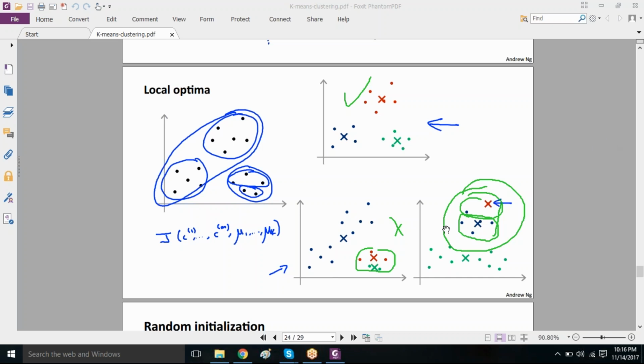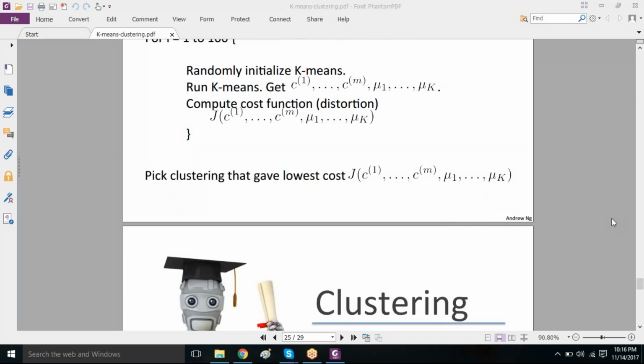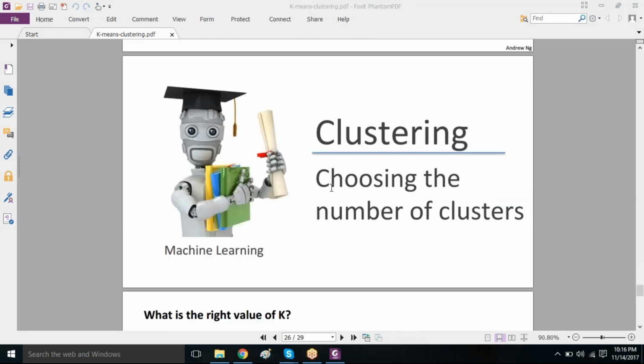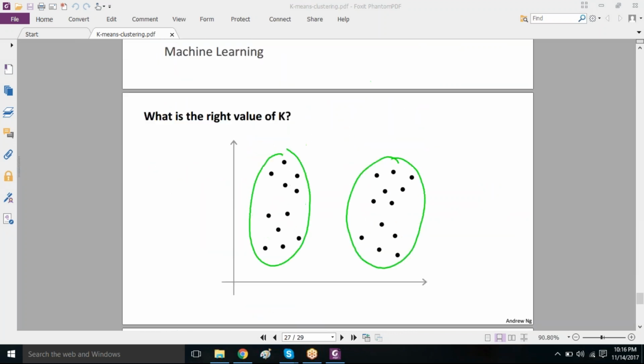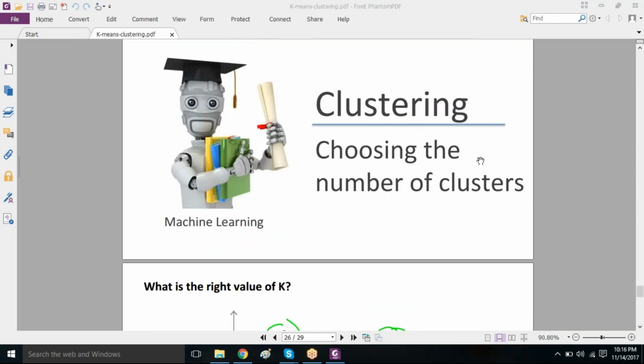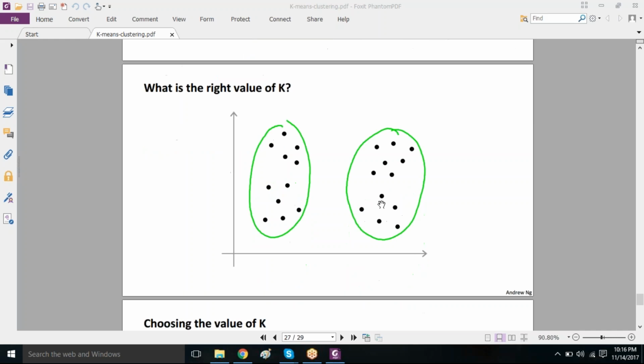And what I was telling you is choosing the number of clusters. How do you do that? Choosing the right number of k. Can you see this image? What is the right value of k for this? Here, what is the value of k?